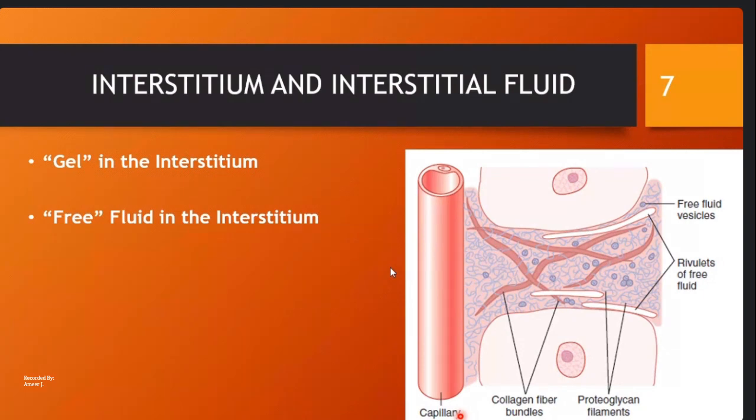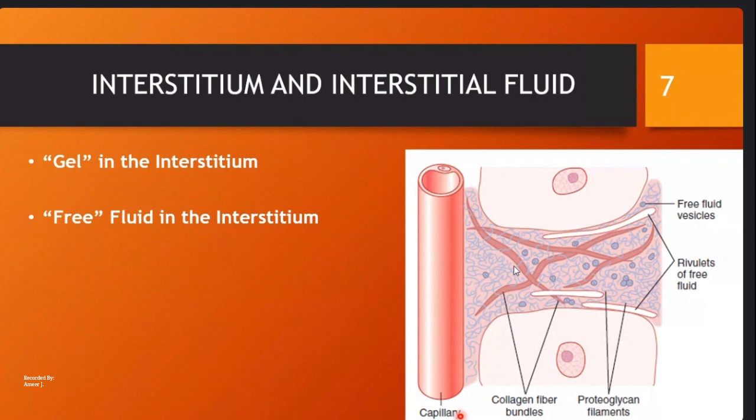You can see in this figure that there are some large proteins such as collagen, and these collagen proteins allow the tissue to retain its stability.